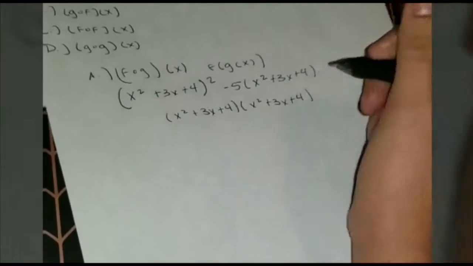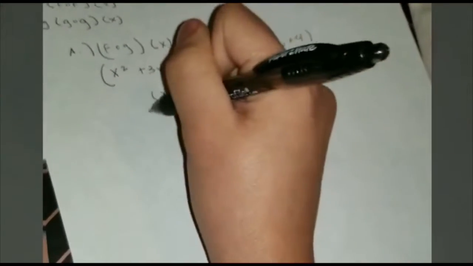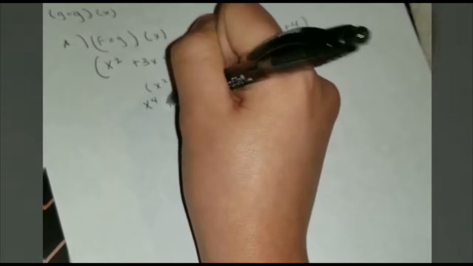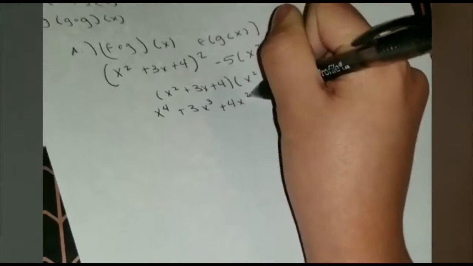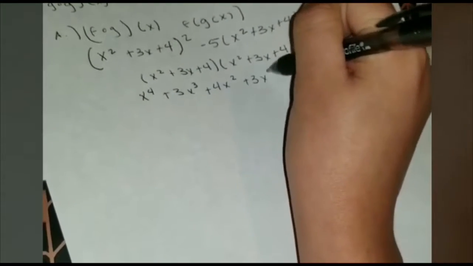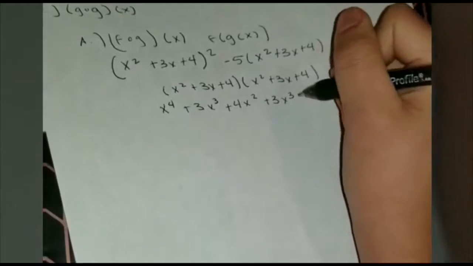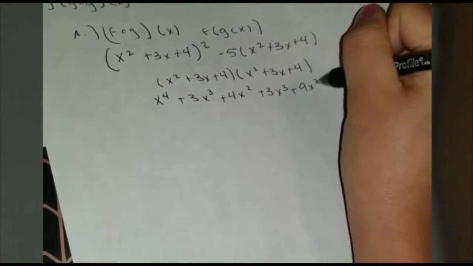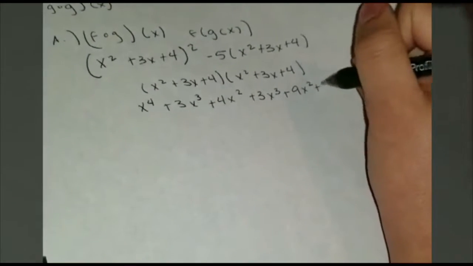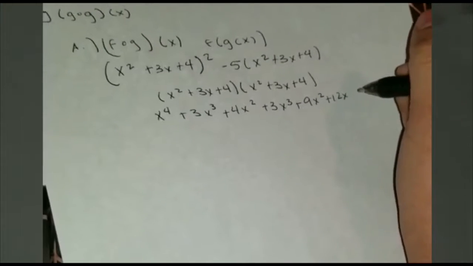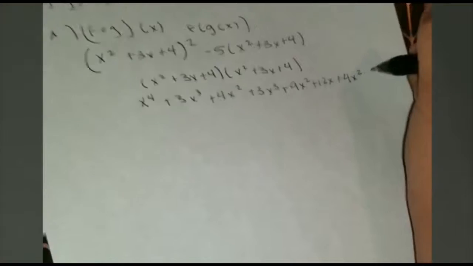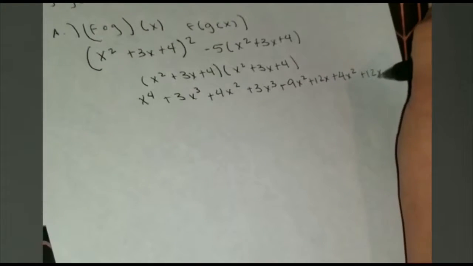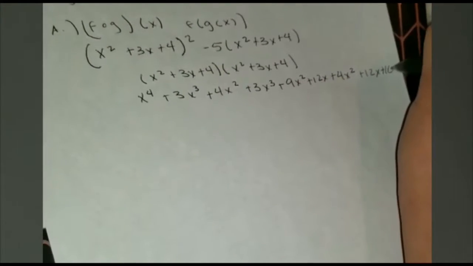From there, you're going to do the arithmetic, and you're going to get x to the 4th plus 3x cubed plus 4x squared plus 3x cubed plus 9x squared plus 12x plus 4x squared plus 12x plus 16.